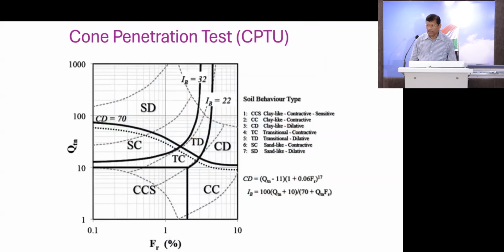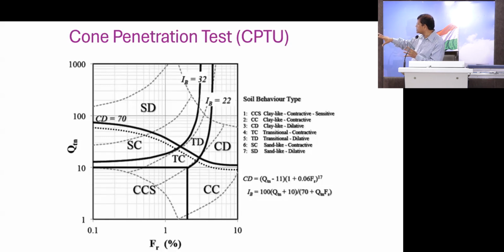So this is the cone strength, which is normalized with the help of the overburden or the effective stress, and then the ratio. This is normalized, so there is no unit in this plot. And this is also a ratio, no unit. It's a percentage.